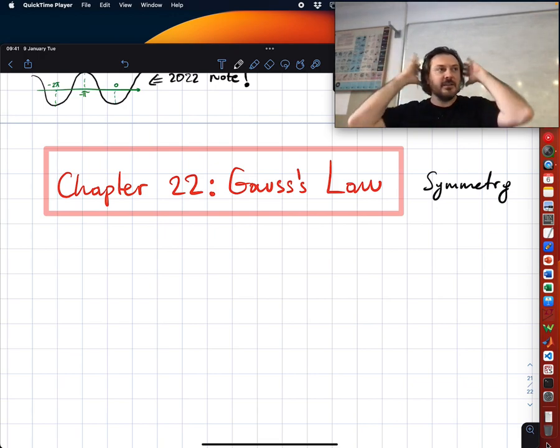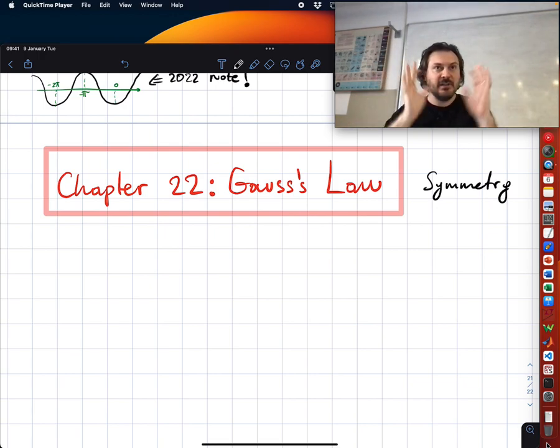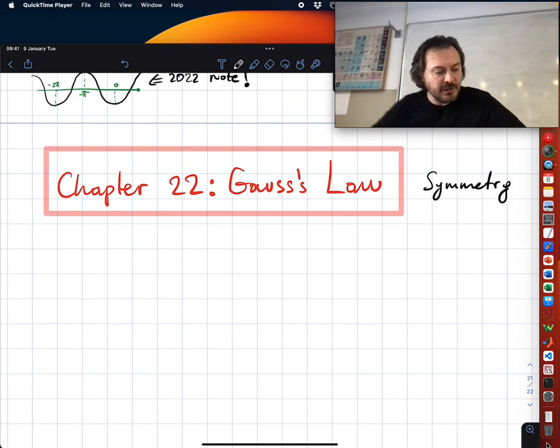Keep that always at the back of your head. Symmetry. Is this system symmetric? What kind of symmetry does it have? We will come to this word over and over.